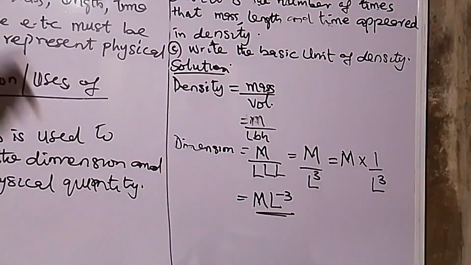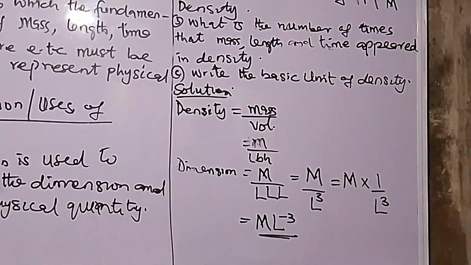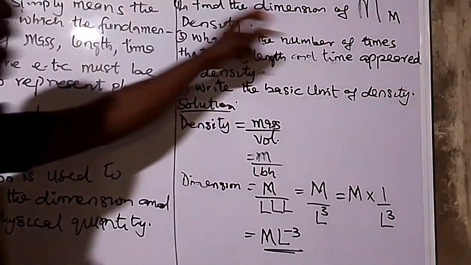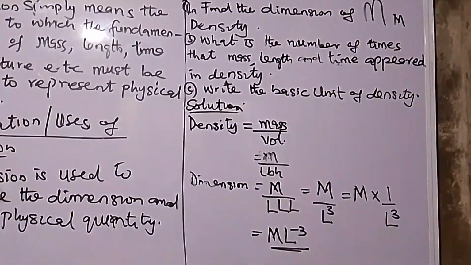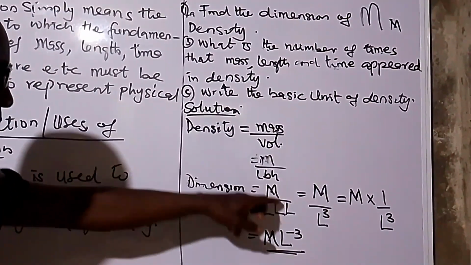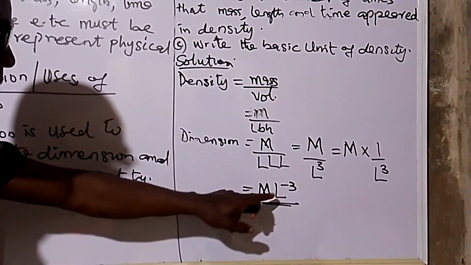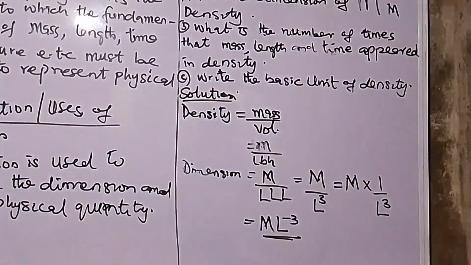Now, the question says, 1, find the dimension of density. We've seen that the dimension of density, according to this analysis, is capital M, capital L raised to power minus 3.